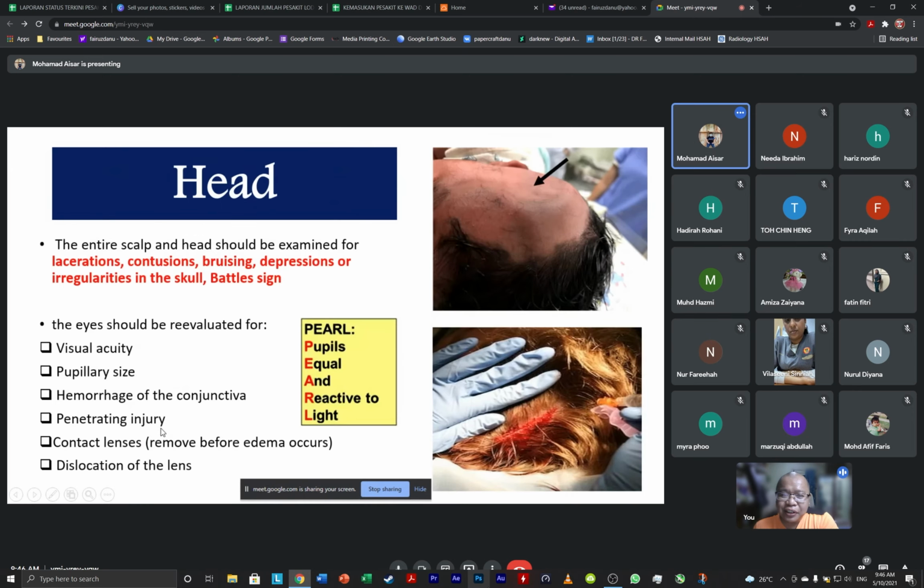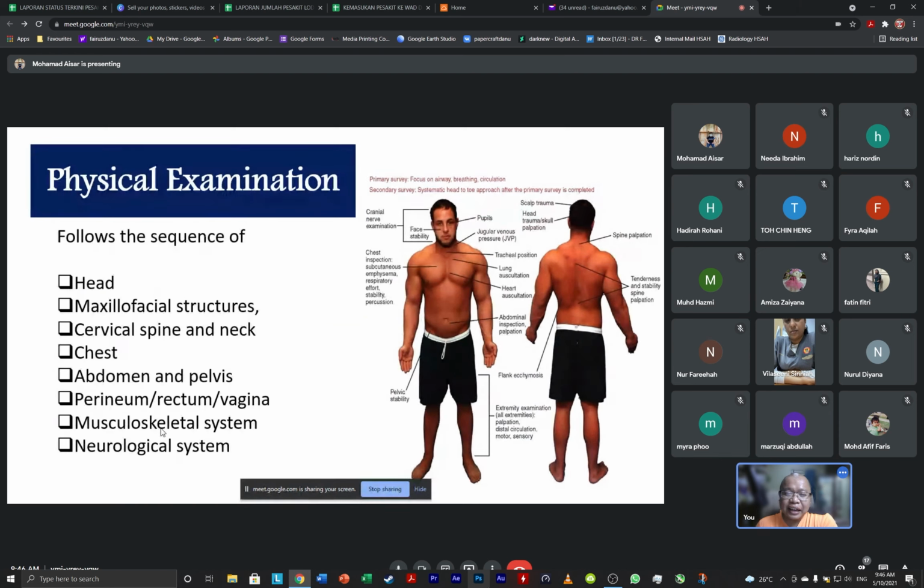Okay, jap, sorry Liyana. Balik pada slide ni. Katalah this guy, trauma, ada tension pneumothorax. Nak buat needle decompression kat mana? Kan Aimi cakap ada dua tempat kan? Dekat mid-clavicular, second intercostal space, or dekat safety triangle.